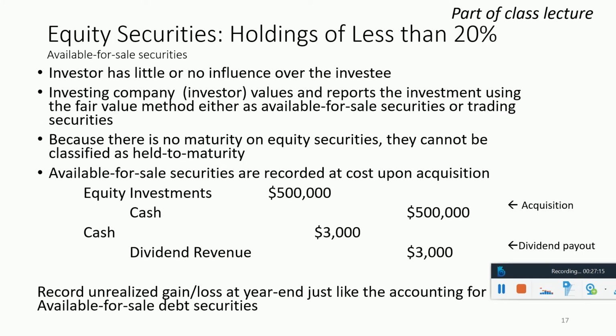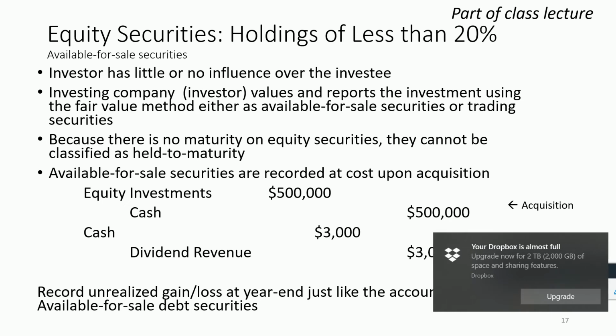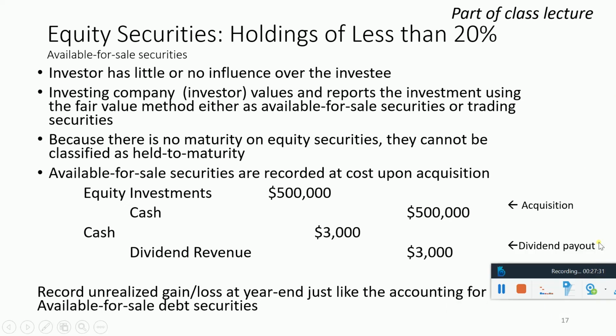So, when we have an equity security where our holding is less than 20%, we have said that the investor has little or no influence over the investee. So the investing company, the investor, is going to value and report the investment using the fair value method, either as available for sale or trading securities.